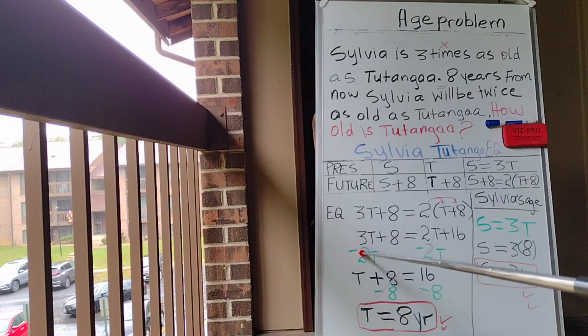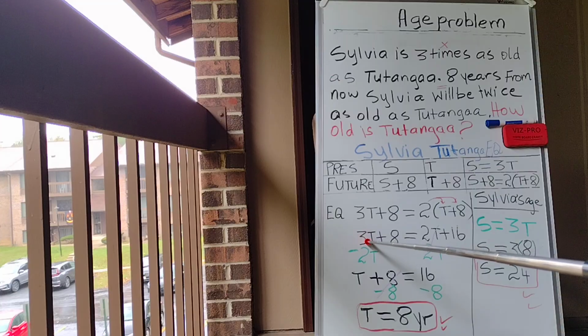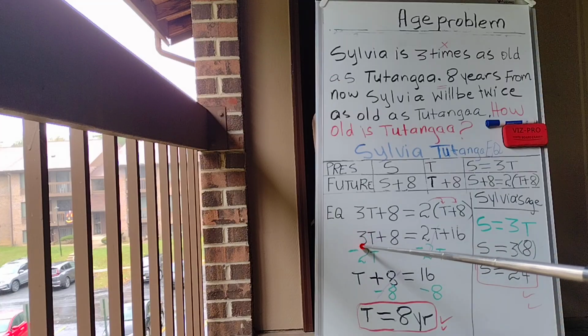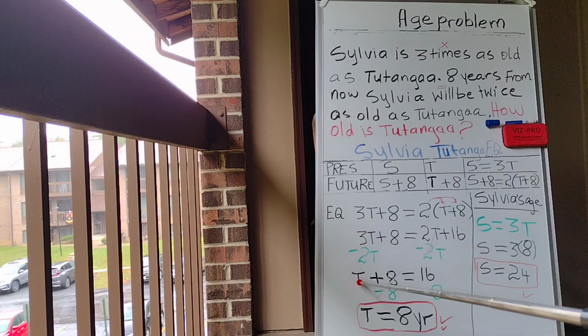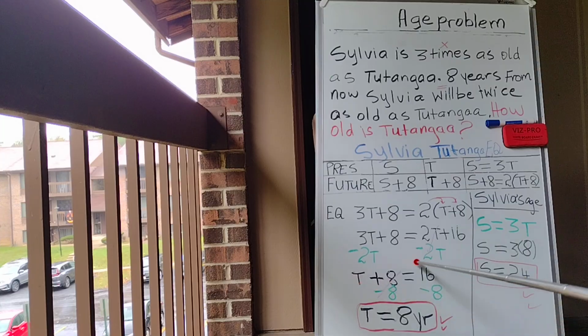Here we have a 3 and a negative 2, and if we subtract, that gives us positive t. On the right side, we have 16, because the two t's are cancelled. They're out.